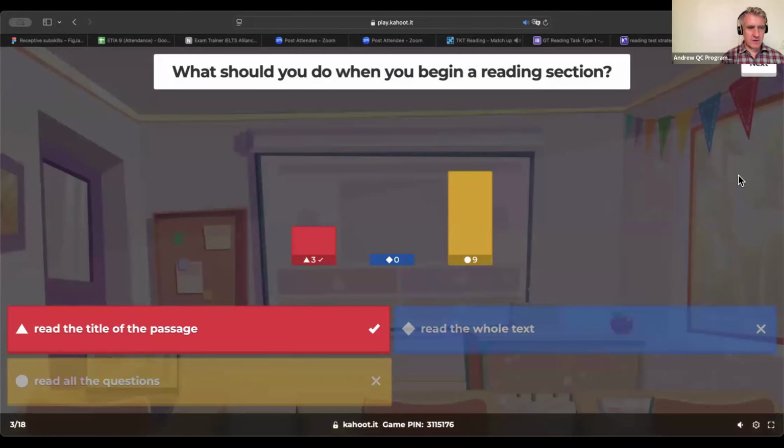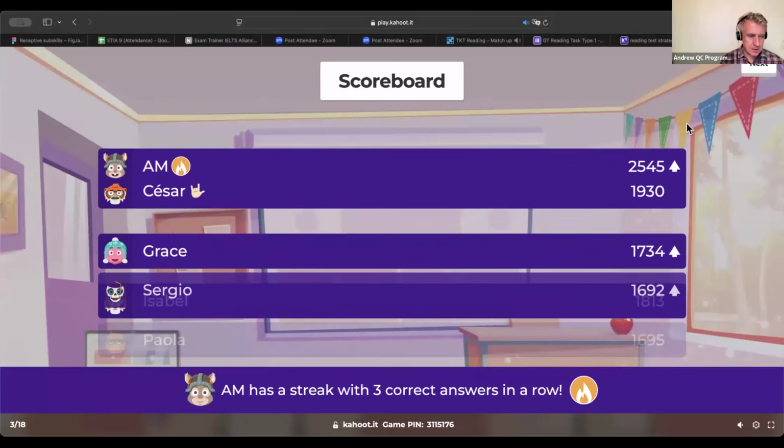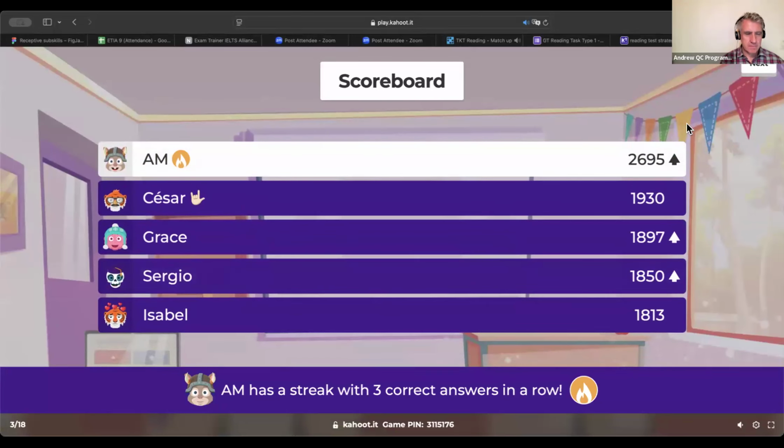Yeah. Read the title of the passage. Yeah, that was the first thing, because it's activating the background knowledge or schemata, right? And to do that, you need to read the title of the passage. It could be a headline.